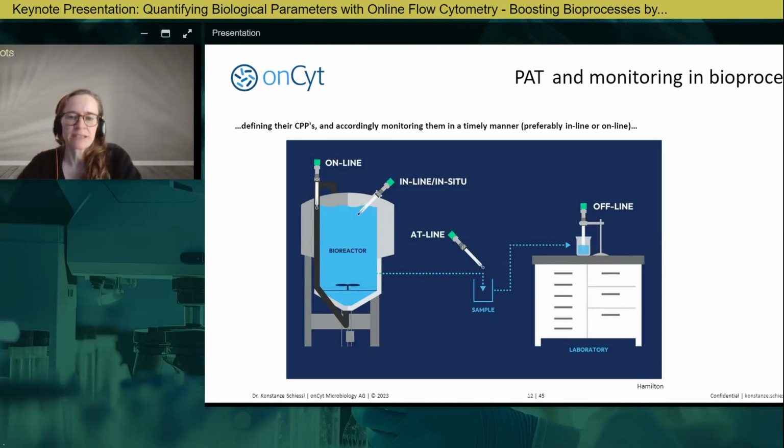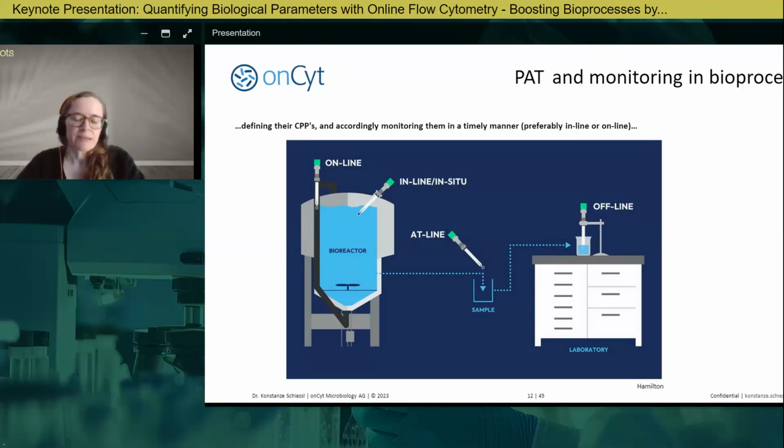So that really means someone goes and takes a sample, brings it to a lab, and then it's analyzed there, for example, in an HPLC. So this is not ideal in terms of PAT, where you really want around the clock rapid measurements. But for some methods, that's just what is available.